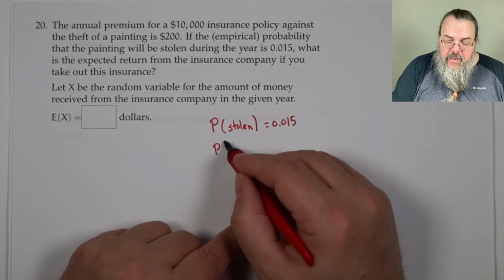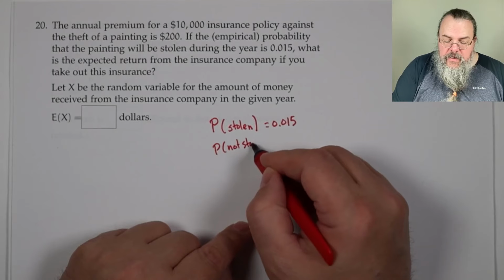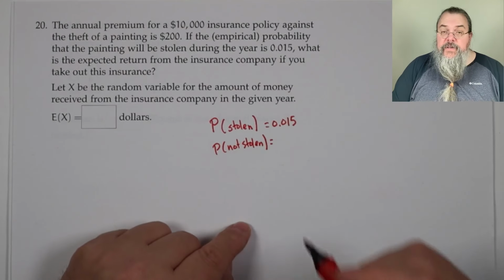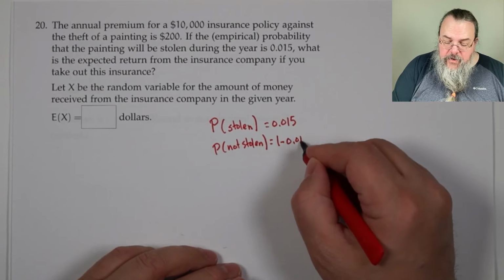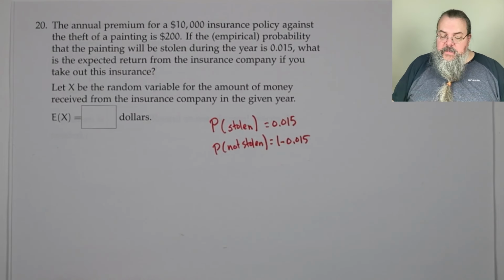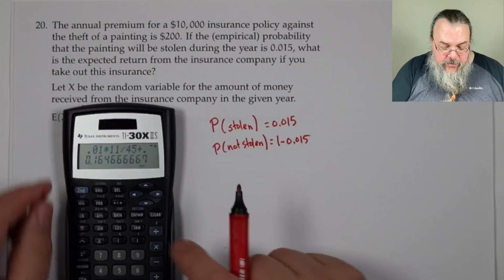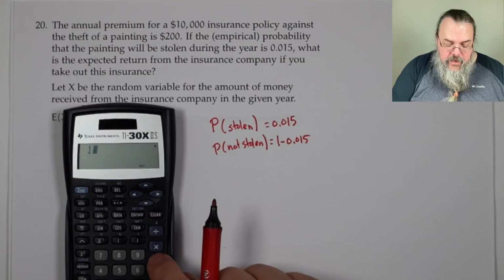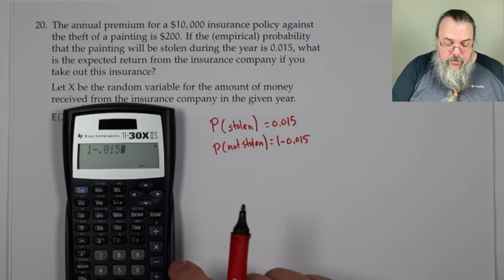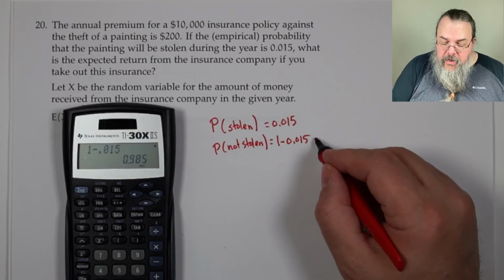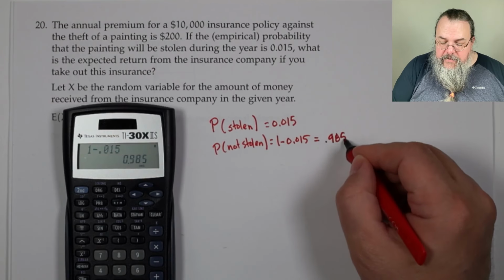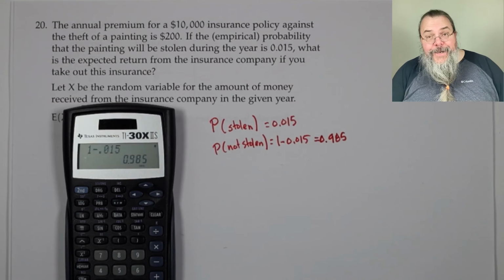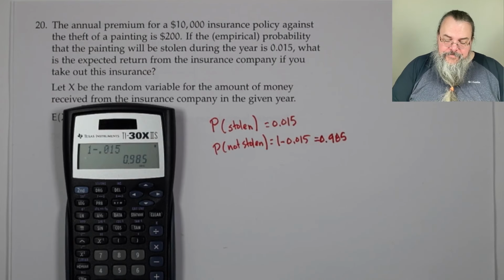The probability of not stolen, well, what is that? Well, it's 1 subtract 0.015. And it's getting late in the test for me, so I am just going to go ahead and use my calculator to say, that's actually 0.985. So, yep, it's very unlikely that it's not stolen.